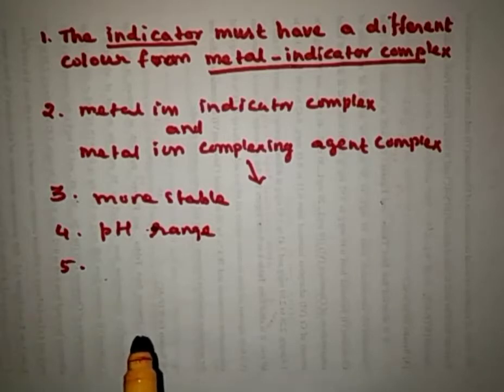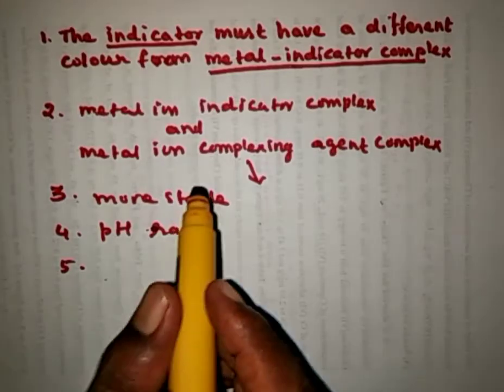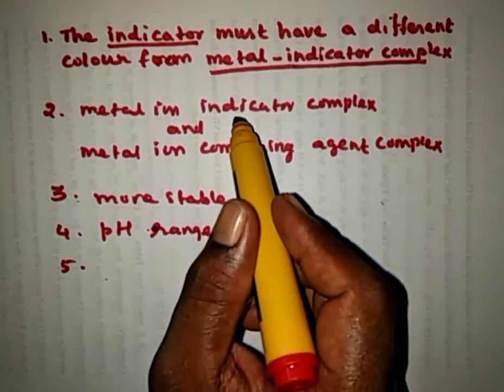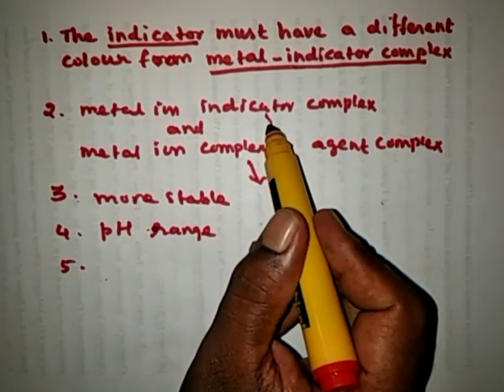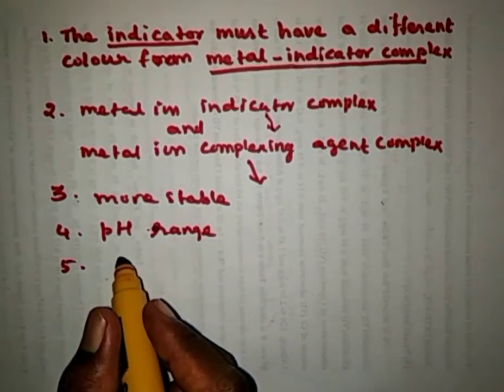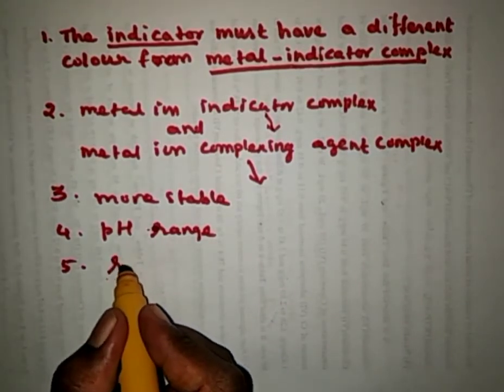the change of metal ion indicator complex into the metal ion complexing agent complex must be rapid. Here, the metal ion indicator complex is converted into the metal ion complexing agent complex. This conversion should be rapid.